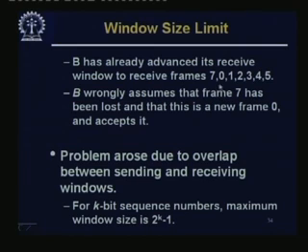Maybe later a negative acknowledgement, a selective reject for 7, would be sent, but this frame 0 has now got out of order. So the problem arose due to overlap between the sending and receiving windows. For k-bit sequence numbers, the maximum window size therefore has to be smaller.